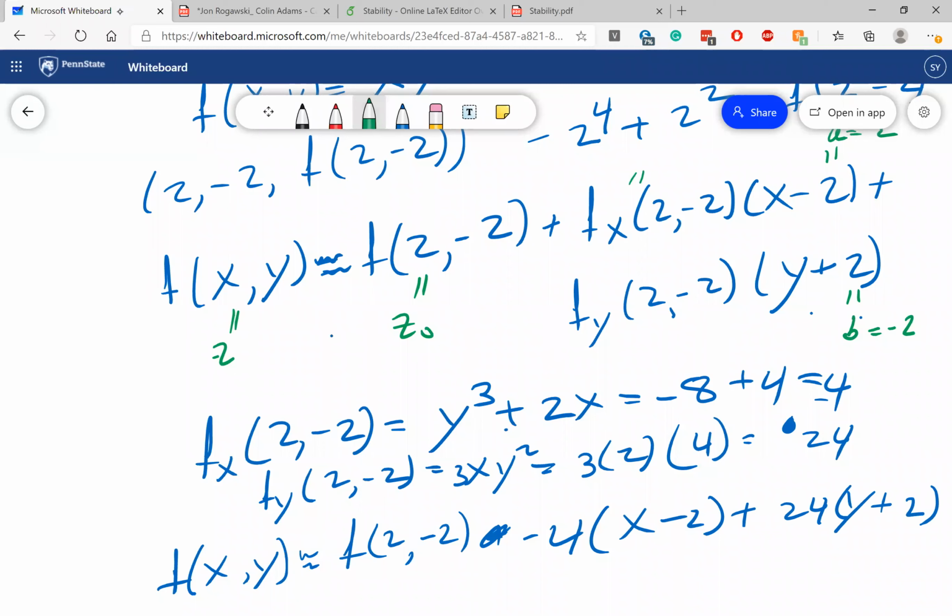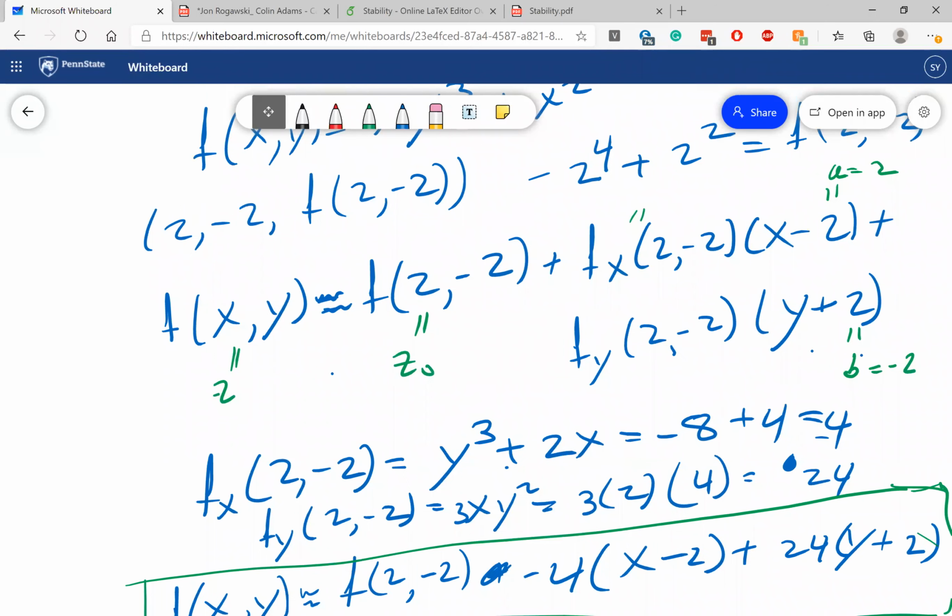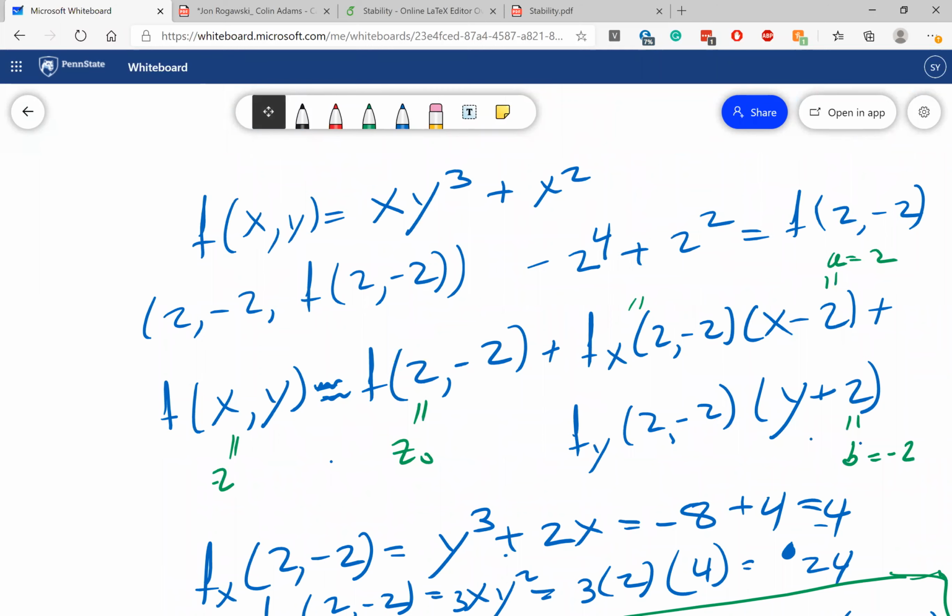You can leave it like that. That's the plane. So here's our tangent plane to this surface at the point 2, -2. Any questions about this?